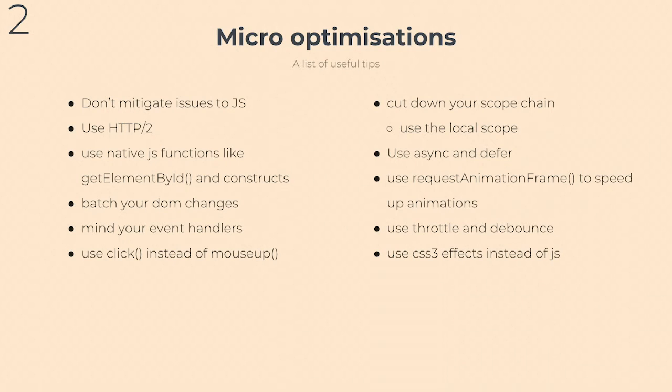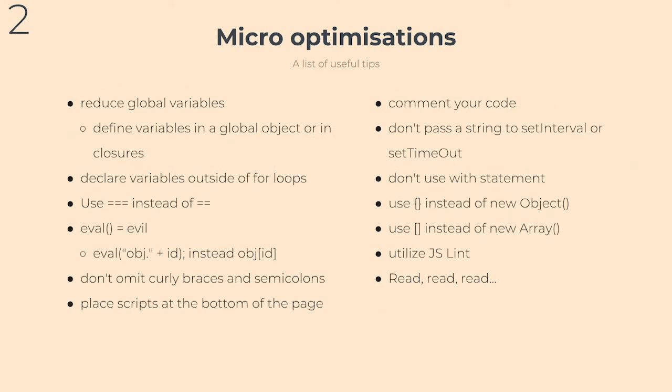You can also reduce global variables, because then they all get bubbled up to the top of the element, and we can reduce that by having local scopes. We can use new things like let and const, but we can also define them in objects or closures, which will get us the local scope of our variables.